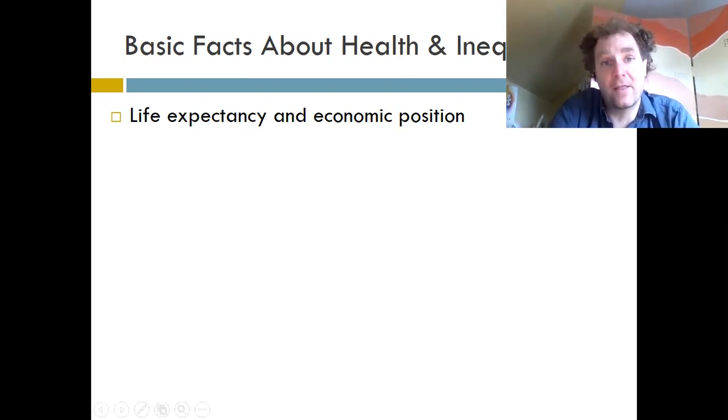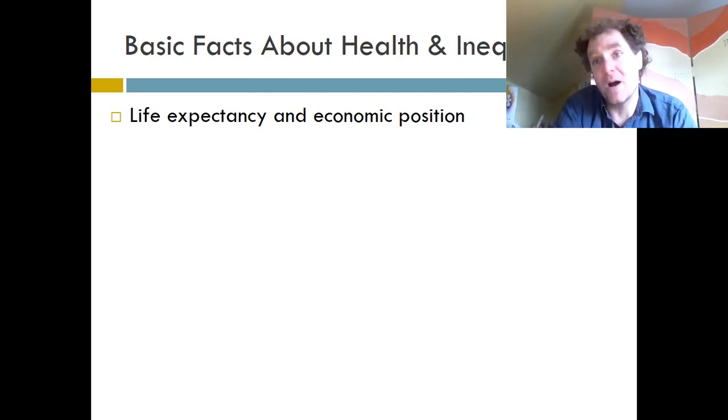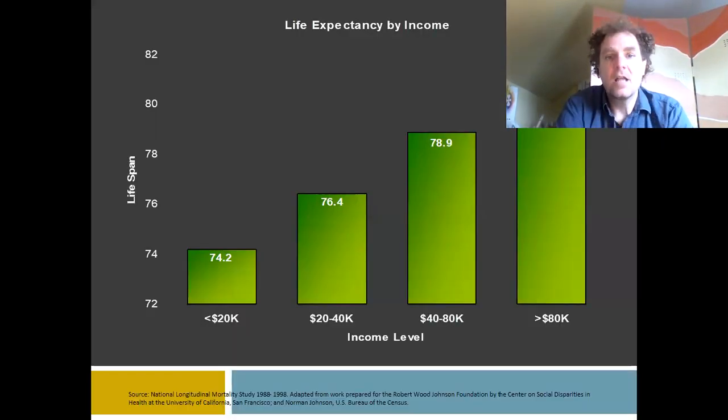So let's start with the first way, the relationship between life expectancy and economic position, how long you're expected to live and how much money you have. So here we see a basic graph. And this is 1990s dollars, but the relationship still holds true for today.